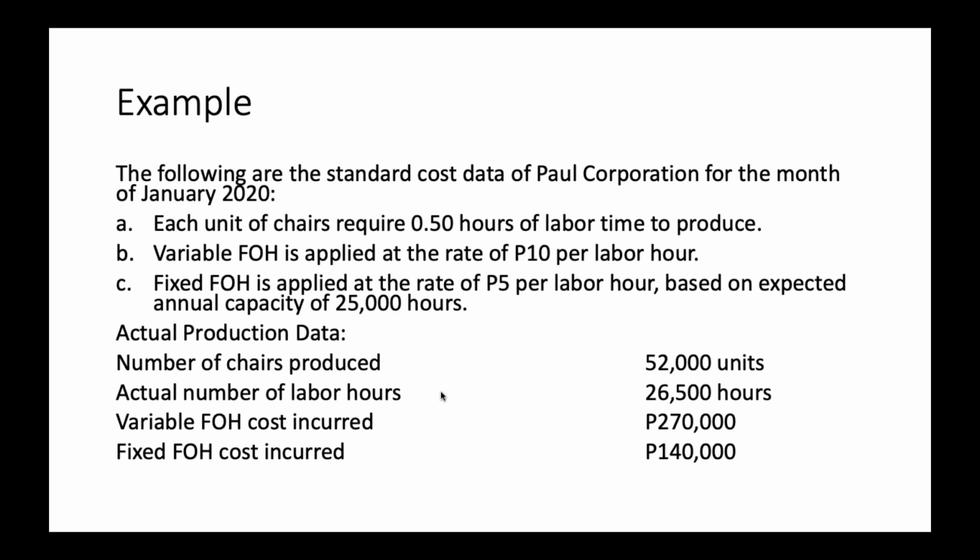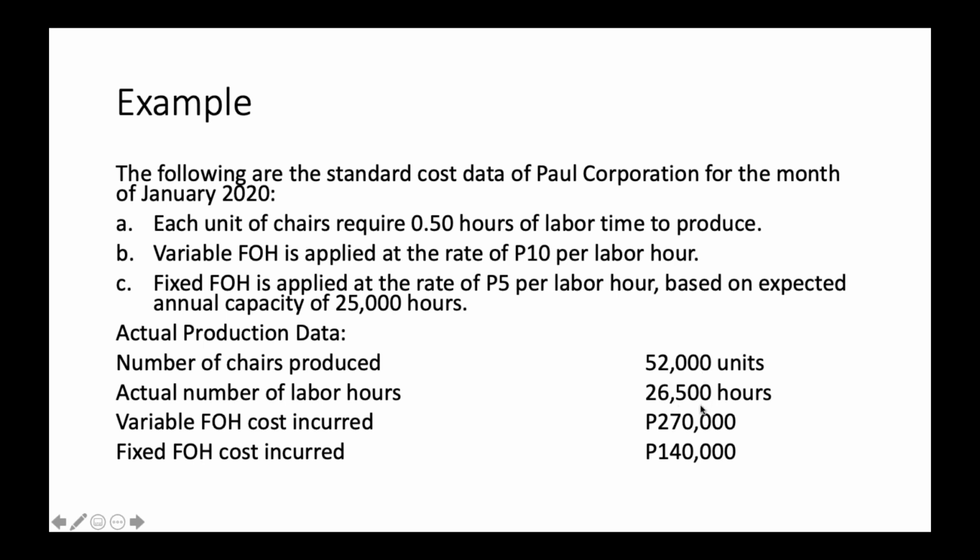The fixed factory overhead is applied at the rate of 5 pesos per labor hour based on the expected annual capacity of 25,000 hours. That is the normal capacity. Okay, the number of chairs produced is 52,000.